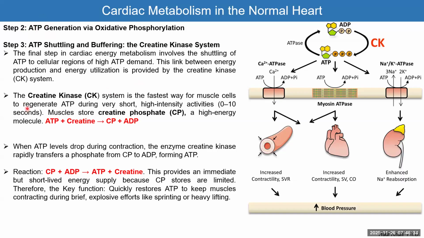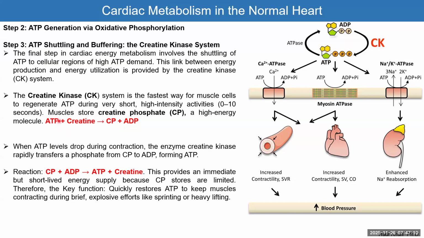The format is that the muscle stores creatine phosphate: creatine that is phosphorylated, a high energy molecule that is locally available for those cardiomyocytes. How does it work? You have the ATP, and in the presence of creatine, it will transfer one phosphate from that ATP, so it becomes creatine phosphate.